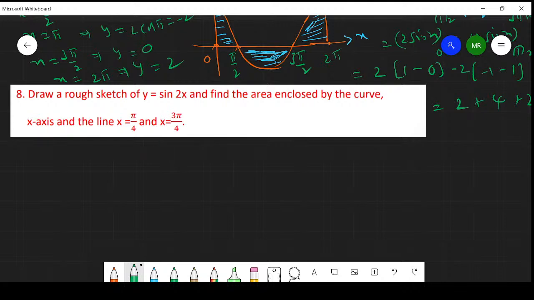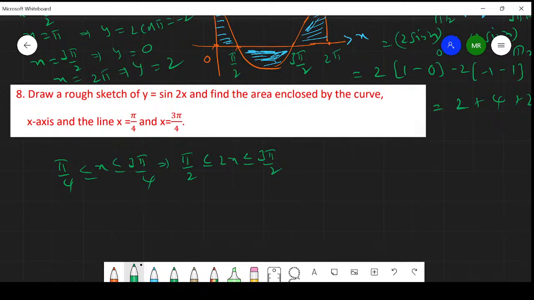So you know the graph of sin 2x, you should draw this graph. But here the x value is given between pi by 4 and 3 pi by 4, that is, pi by 4 less than or equal to x less than or equal to 3 pi by 4. If I multiply this by 2, pi by 2 less than or equal to 2x less than or equal to 3 pi by 2.